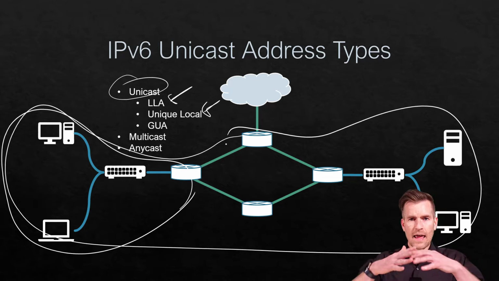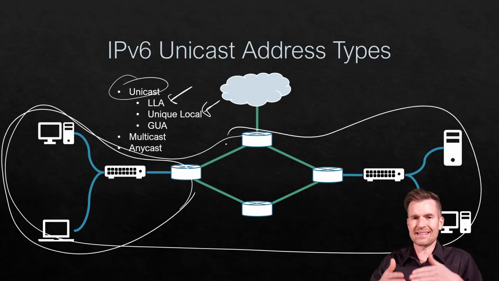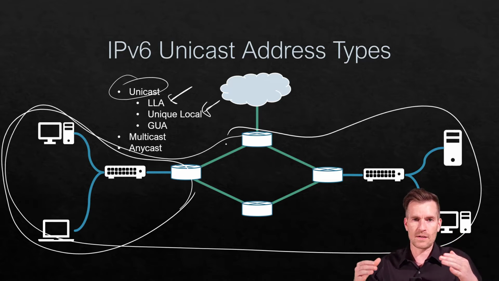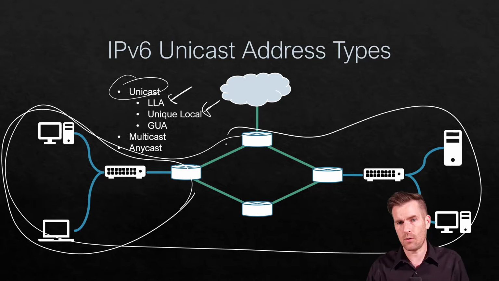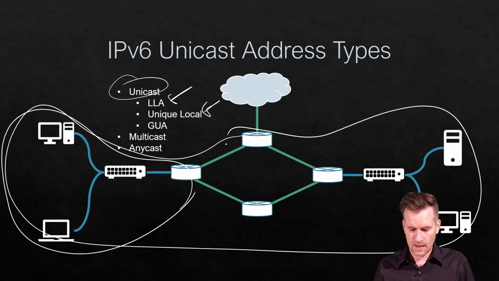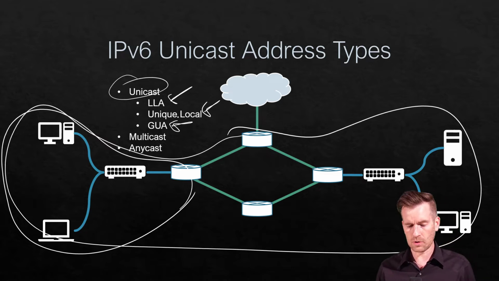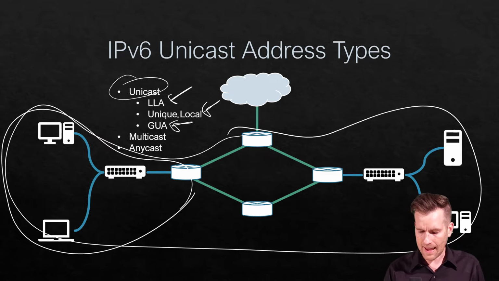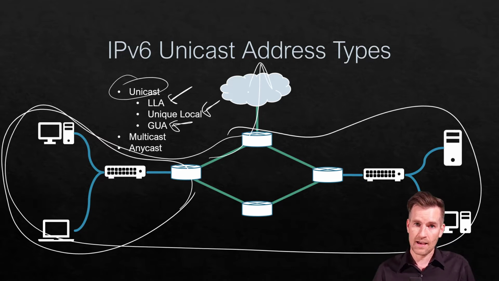So it can extend beyond the boundaries of just a subnet, but it doesn't expand beyond the boundaries of what is owned equipment. It doesn't get routed on the internet. And then we have the global Unicast address. The global Unicast address can go out on the internet because it's globally unique.